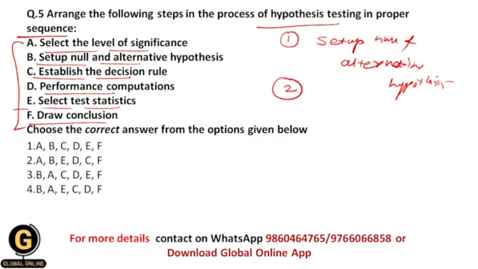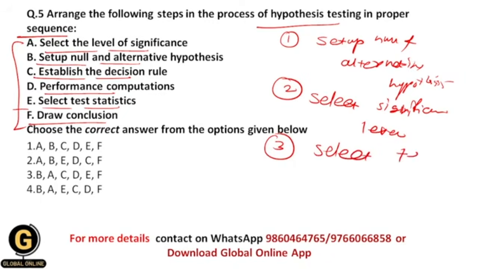Then your second step should be select significance level. Then third step should be select test statistics. Then fourth step should be establish decision rule.